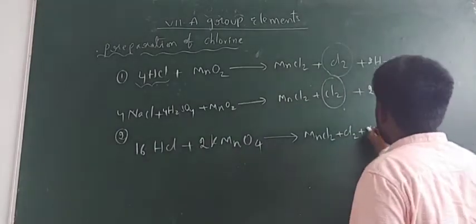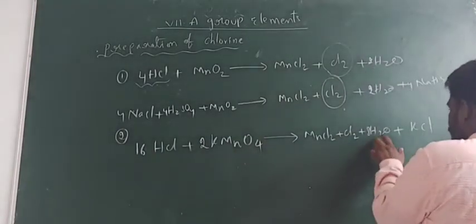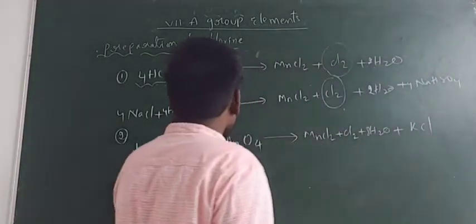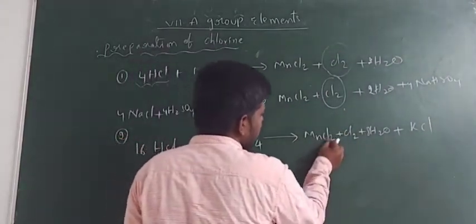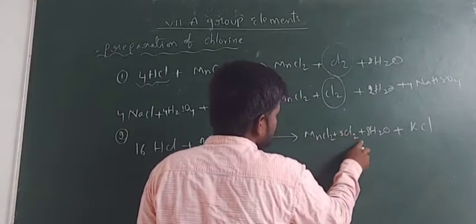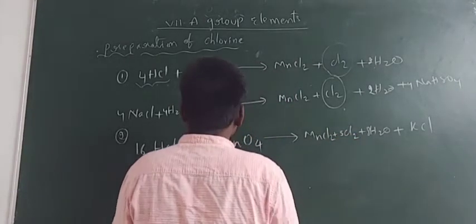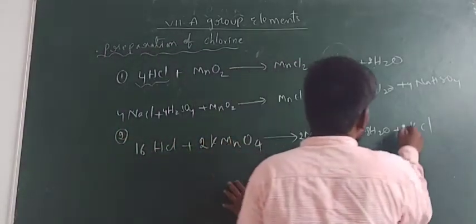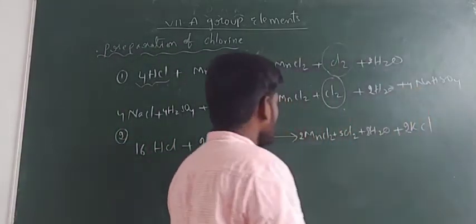So then here you need to take 8 into 2, 16 hydrogens. And the next one, number of chlorines here 16 present. Here already 4 present. So this one multiply with 5 here. So 5 into 2, 10 and 12. And this one multiply with 2 here. And the next one here, this one also multiplied with 2 KCl.